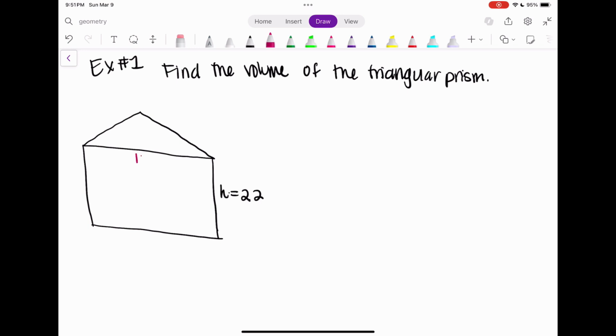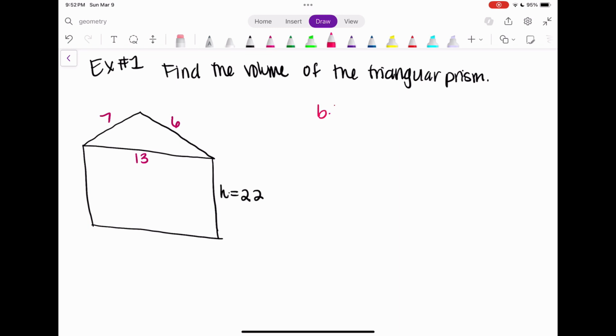My triangle up top is going to have measurements of 13, 6, and 7.